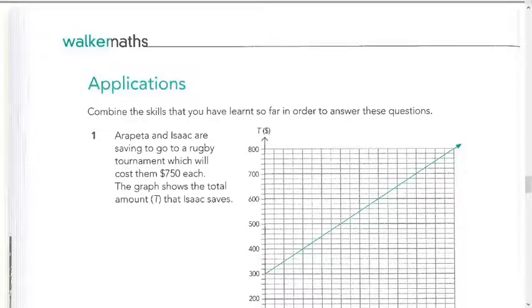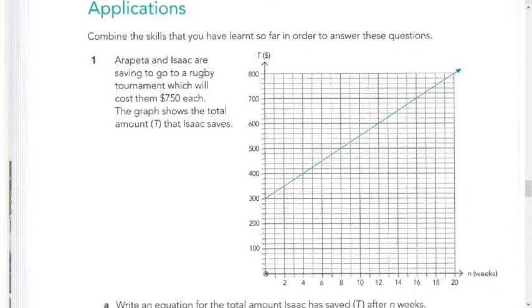Can you tell me, is T the X or the Y axis? It's the Y axis, right? And if you look at the chart, you can see the line is going up, which means that over time, his savings are what? Going up. They're increasing. You betcha. Which hopefully we are, right? So here's our T.